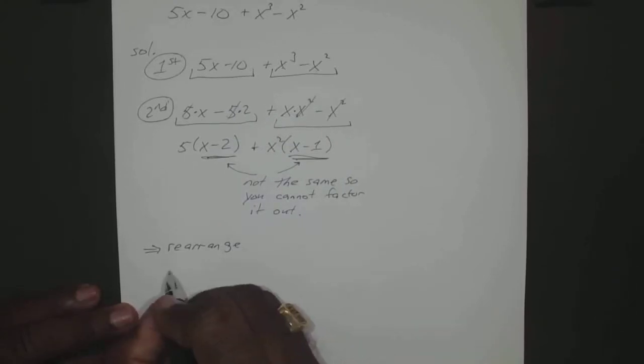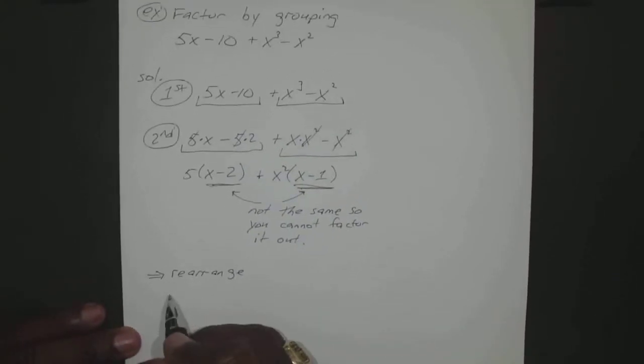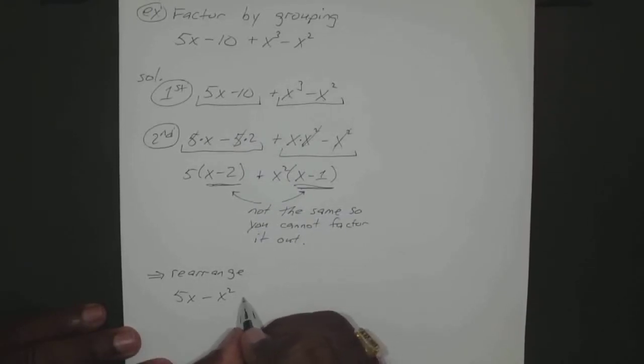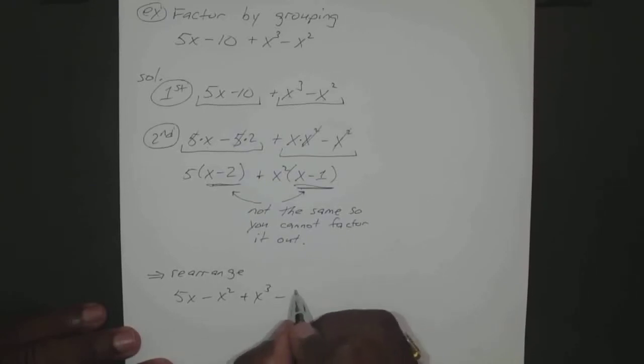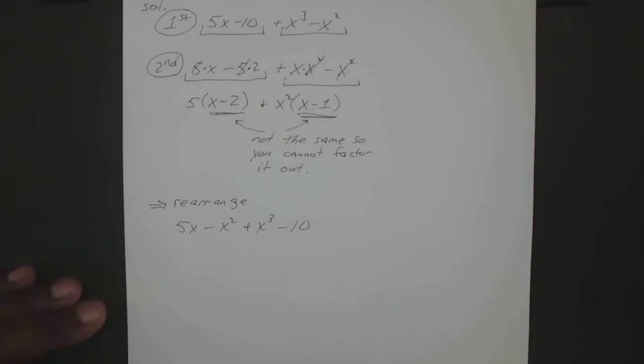Okay, so let's say you have 5x minus x squared plus x to the third minus 10. Okay, so you just kind of switch them up a little bit.